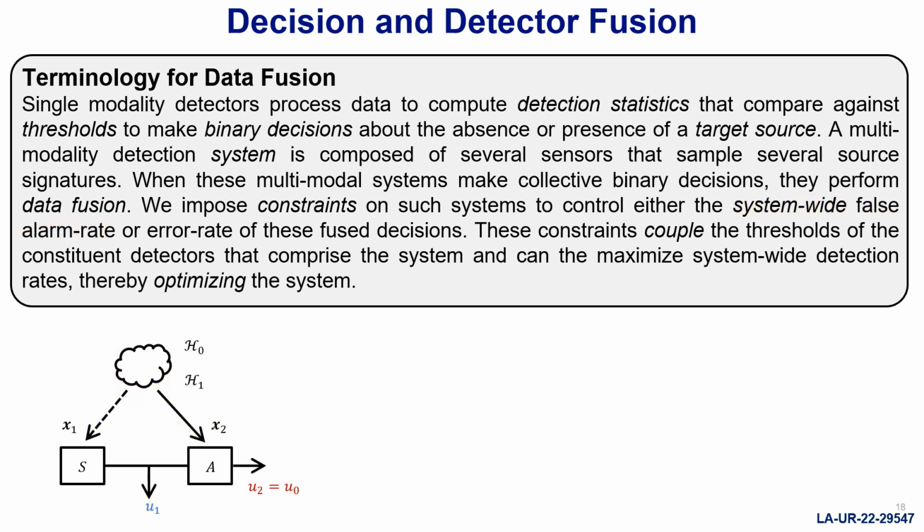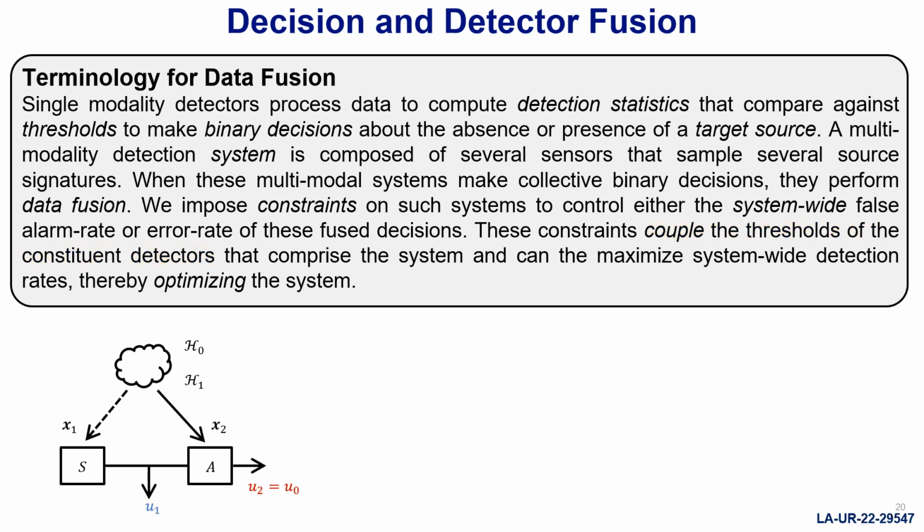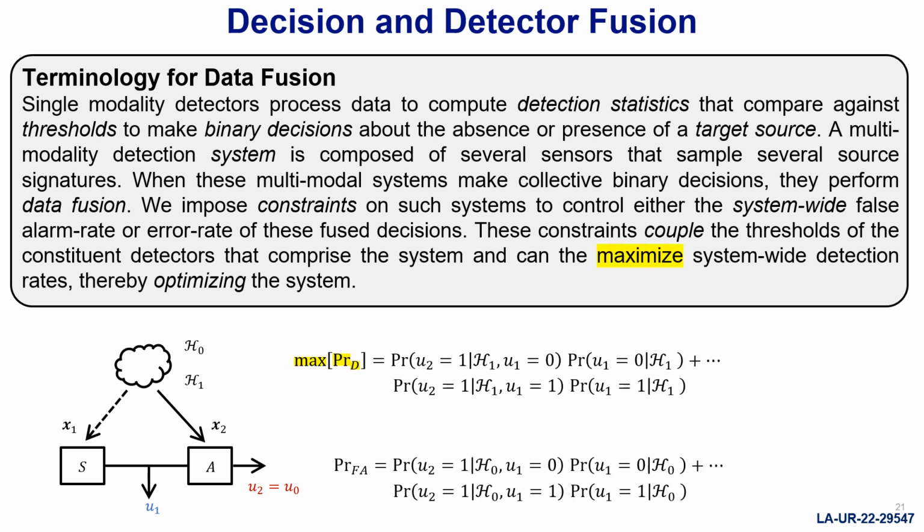The false alarm constraints of the system and the configuration itself quantitatively couple the thresholds of the detectors that comprise the system, and then solving for the thresholds that maintain the false alarm rate and that maximize the detection system rate, optimizes the system-wide performance of these fused detectors.